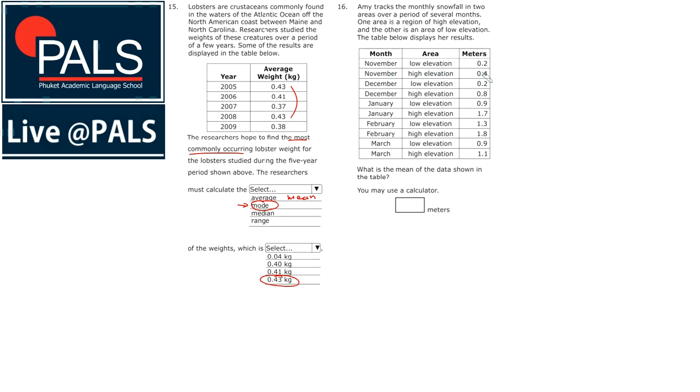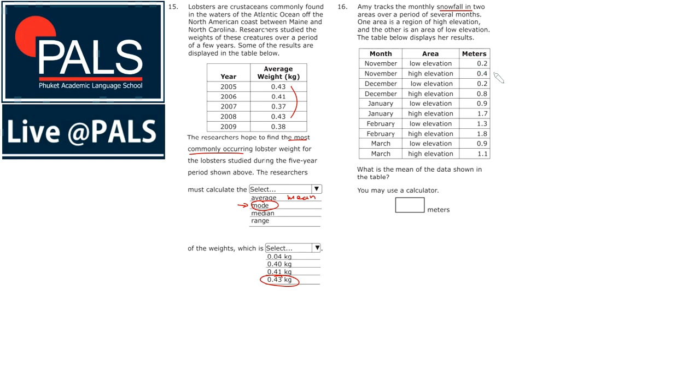And the last column shows us the height of the snow, I guess. What is the mean of the data shown in the table?